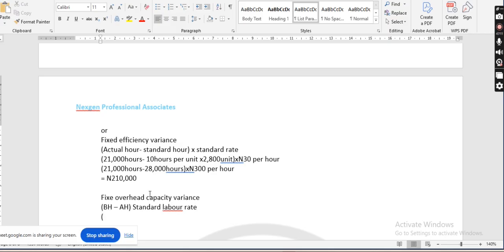So the budgeted hours, which is the standard, we can use as standard hours. So I can copy this, right? It will still give us the same thing. Okay, don't worry, Kudus.